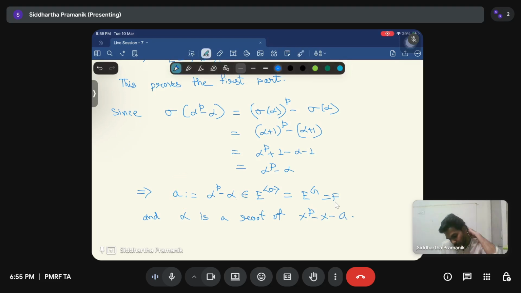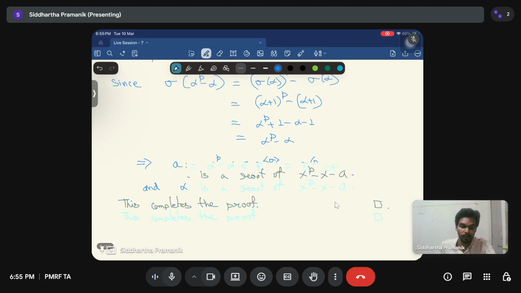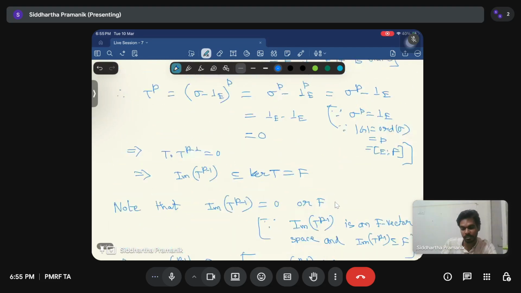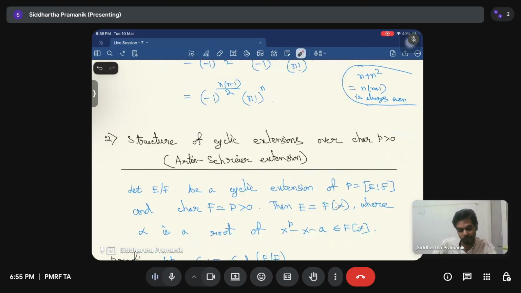So this completes the proof. So a degree p cyclic extension over a characteristic p field is of this particular form. This we already proved.